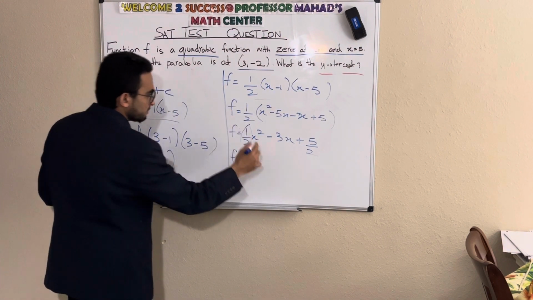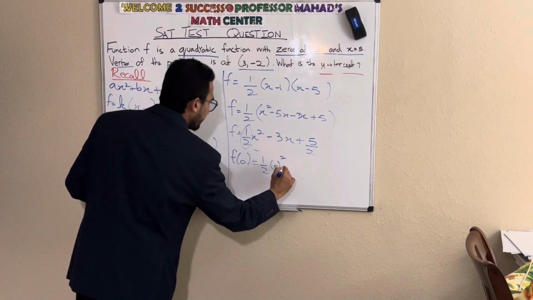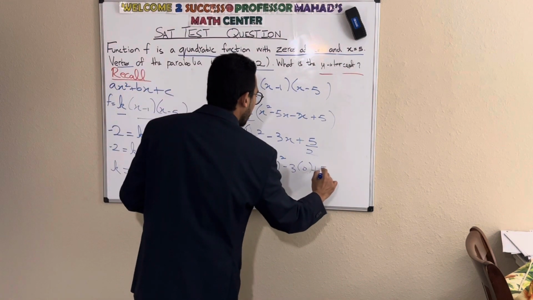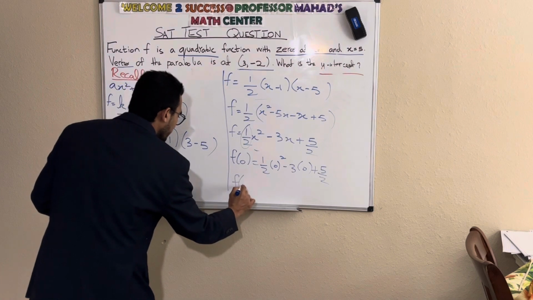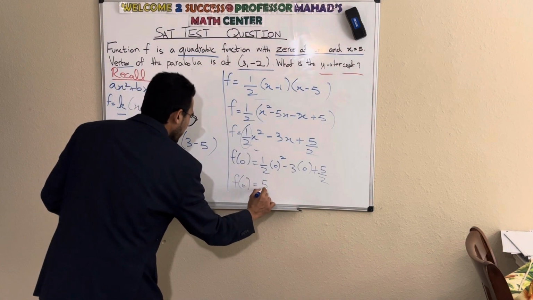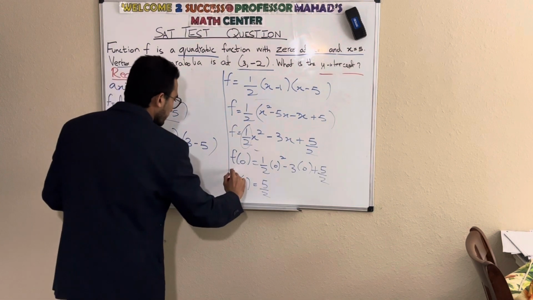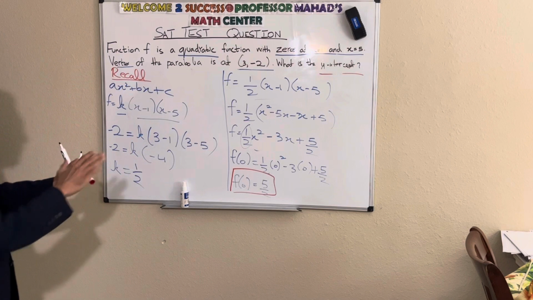Let me just plug it in here. So here's your y-intercept. Let me make a red box. Okay, we answered the question.